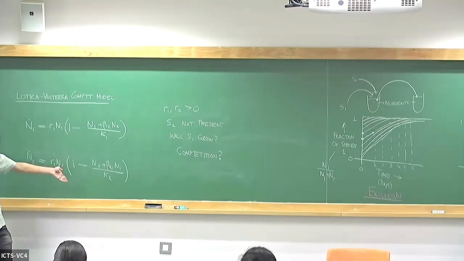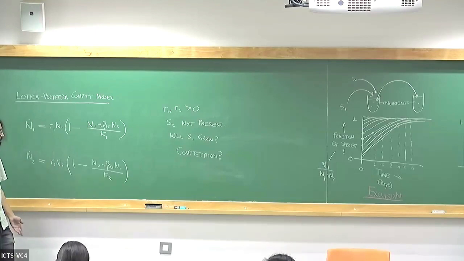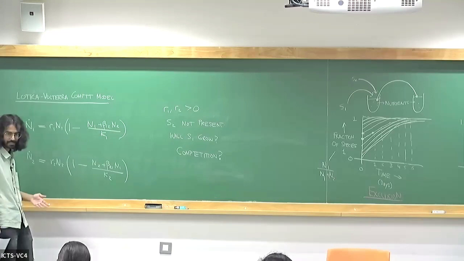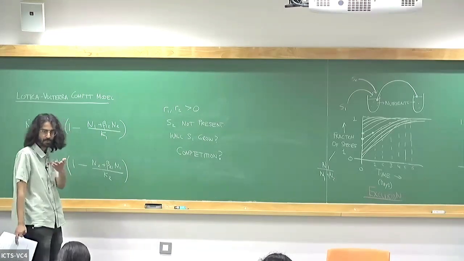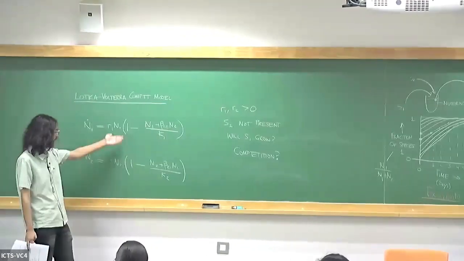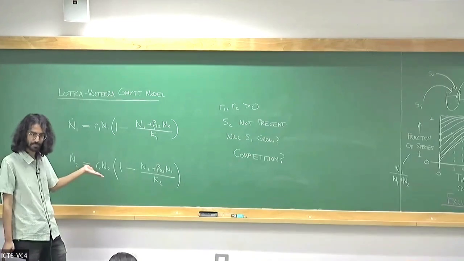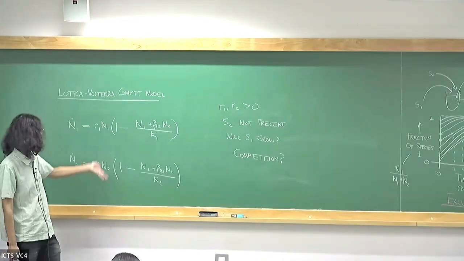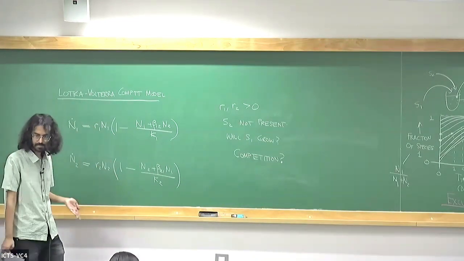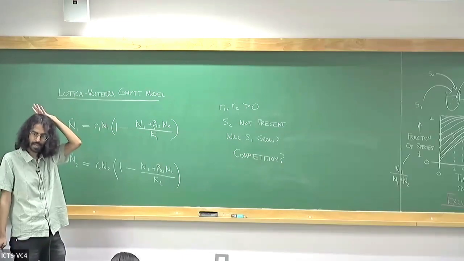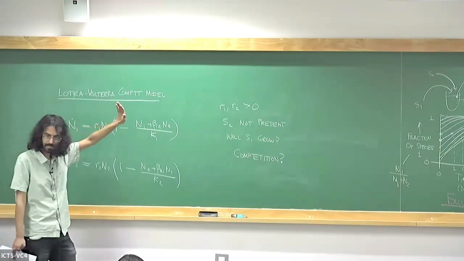Maybe it invariably represents it, and if you are interested in that, we can chat about it later after class. It turns out it's much more subtle than that. But it's clear that the variables in this model are just the abundances of these two species, and there are no nutrients in this model. So whatever we're thinking about nutrients in our head is implicit.